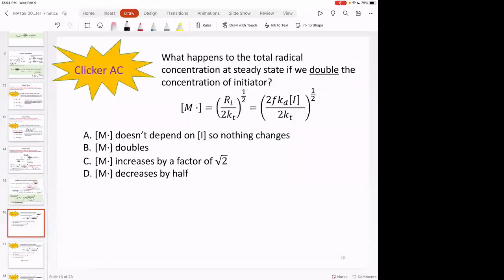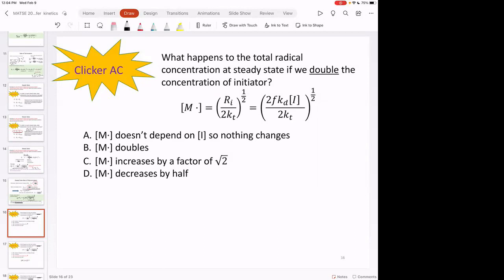So the question is, and this is a lot of the gist of the question that I'm going to ask you on this. What happens to the total radical concentration at steady state if we double the concentration of initiator? This is our equation for the total radical concentration at steady state, right?